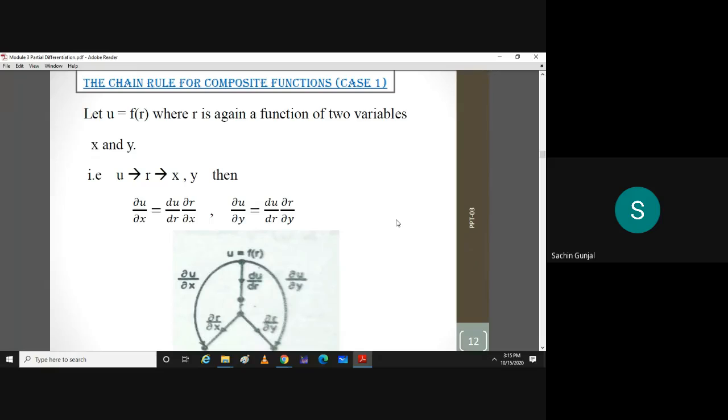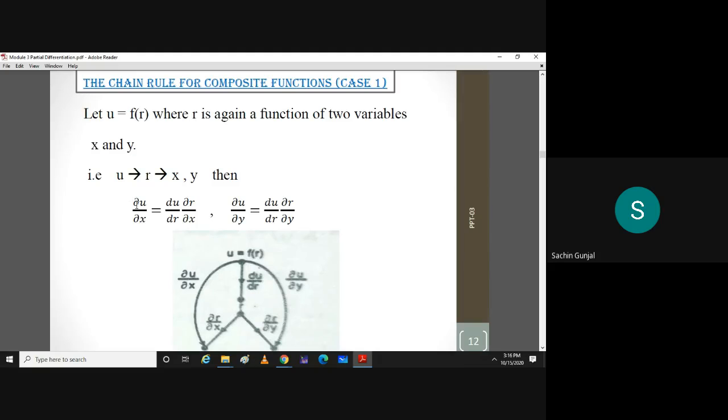So next is chain rule for composite function, and there are different chain rules. So this is first case. If u is function of r and r is function of x, y, then you can calculate derivative of u with respect to x, and that will be obviously partial derivative, because ultimately u is function of two variables, indirectly.